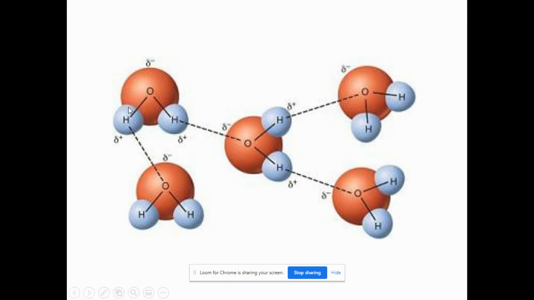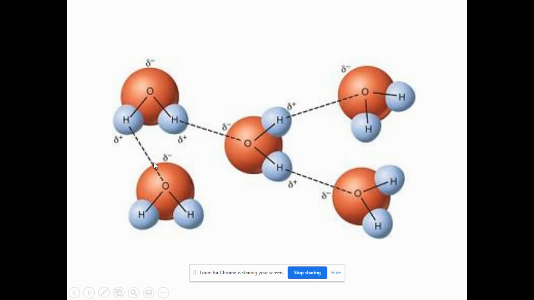Here are polar covalent bonds, here are polar covalent bonds. We're talking about within a water molecule, but we also have bonding between water molecules. Here we have a hydrogen bond because this hydrogen in this water molecule is attracted to this oxygen in this water molecule. Same thing here.